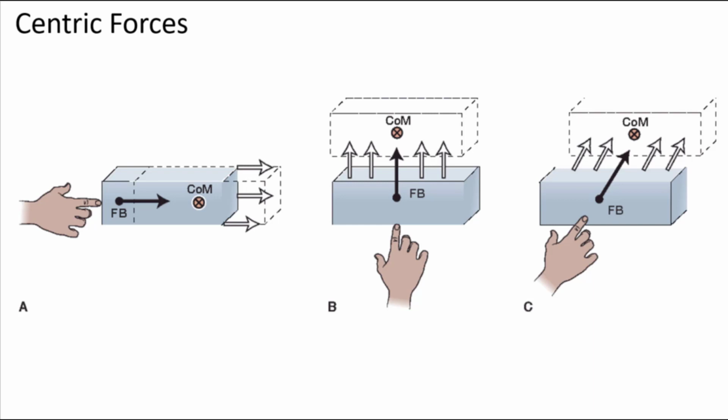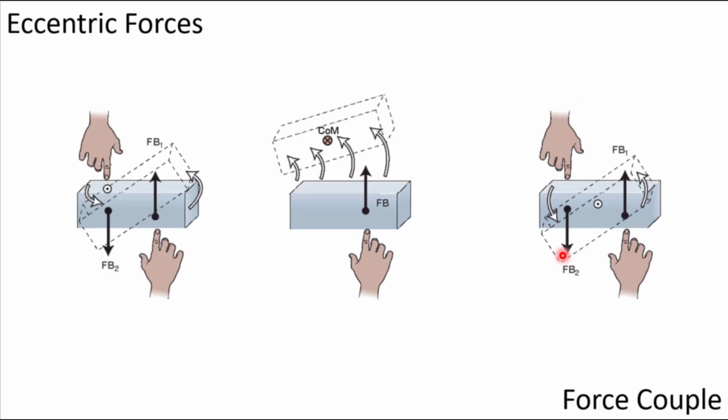So what you're seeing here in these three different examples in A, B, and C is a pushing force being directed right through the center of mass. And what ends up happening is it moves the object in a likewise fashion. If I push this way, it's going to go up, and if I push at an angle, it's going to follow that angle.